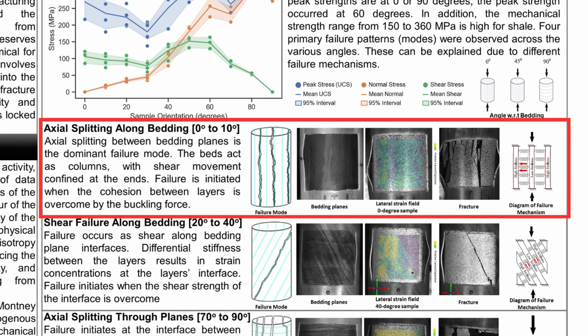If we look at where the fractures in this example propagate, we can see that at the boundary between a relatively stiff and a relatively lower stiffness layer, the fractures occur at this boundary. This indicates that the buckling of these layers and the difference in buckling between the lower stiffness and higher stiffness layers initiates fracture when the cohesion between these layers is overcome by the buckling force pulling or delaminating these layers from each other.